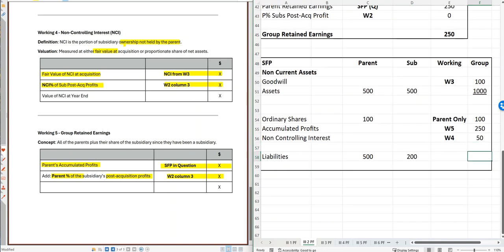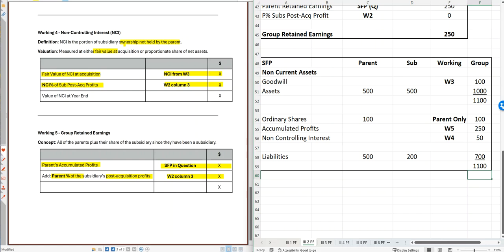Add across the liabilities, which are these ones. And there we go. We've got 1100 above, and let's just check that one just to make sure that when we add that up, we've got 1100.